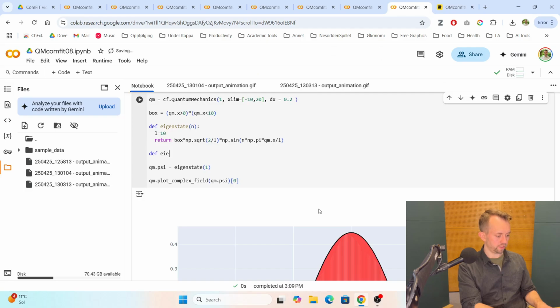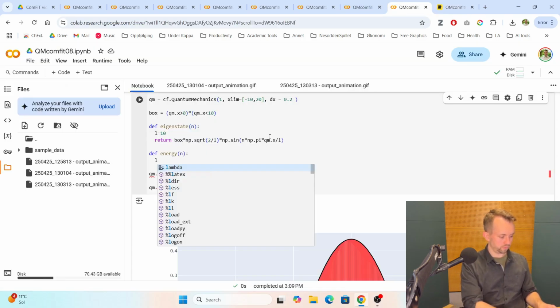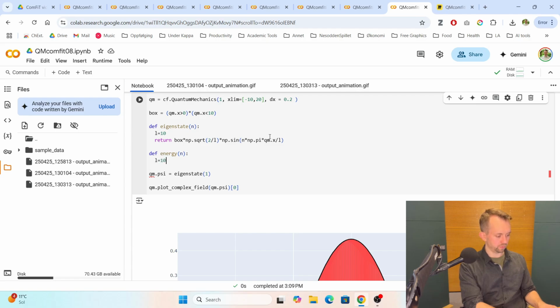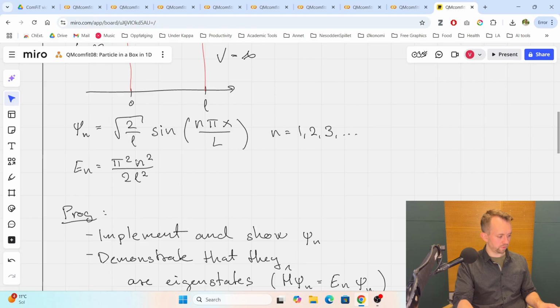So def eigen energy of n is equal to, let's just use L equal 10 here. That's what we're using all the time. And the expression is pi squared n squared over 2L squared.